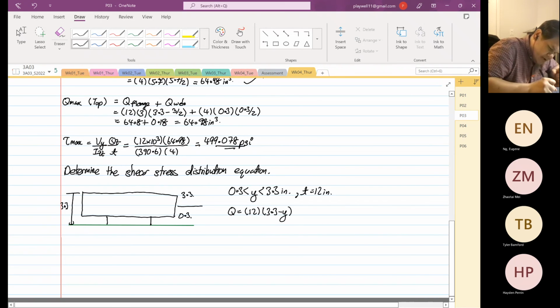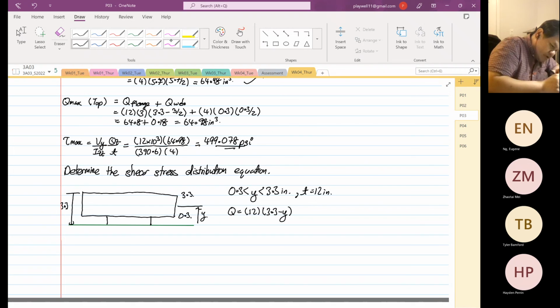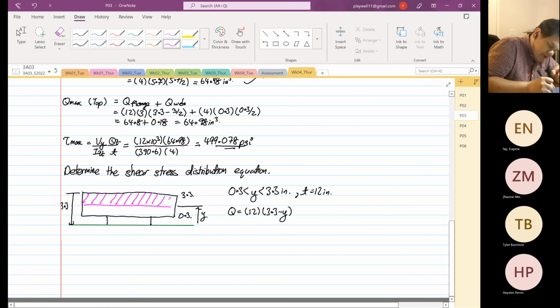This is your y. If we want to determine this defined area, some of you will ask why the defined area starts from the distance furthest away. This is your analysis direction.